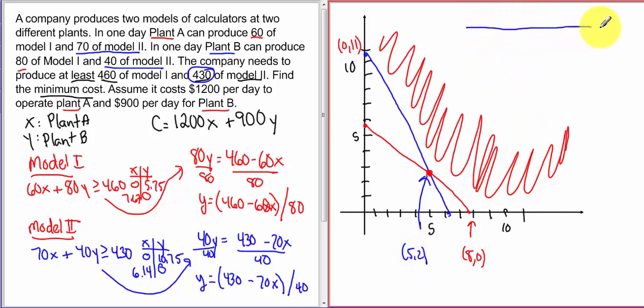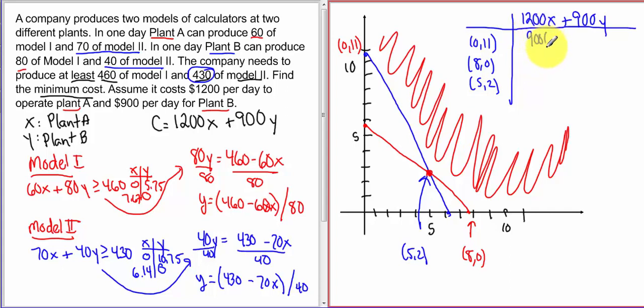So in our cost function, we are going to plug in 0, 11, 8, 0, and 5, 2, and figure out which one gives us the minimum cost. So when I plug in 0, 11, showing me the actual plugging in, we get 9,600.